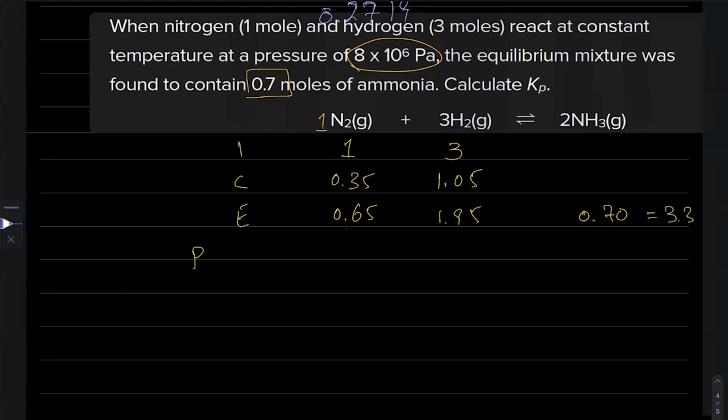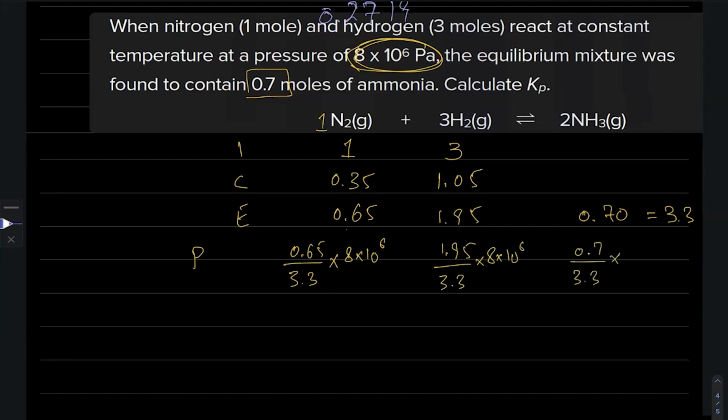So partial pressure is going to be 0.65 over 3.3 times the total pressure. Total pressure is 8 into 10 power 6. Similarly, 1.95 divided by 3.3 into 8 into 10 power 6. And lastly, 0.7 over 3.3 into 8 into 10 power 6. You will get values for partial pressure.